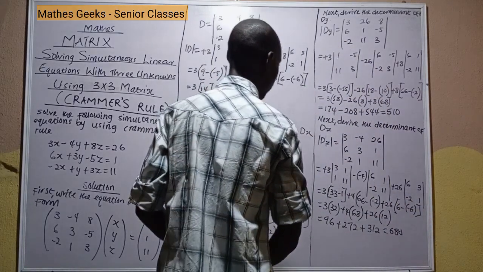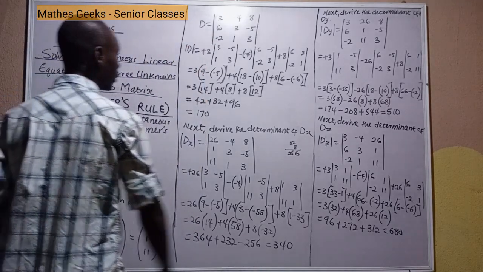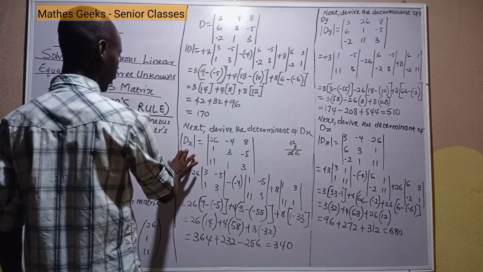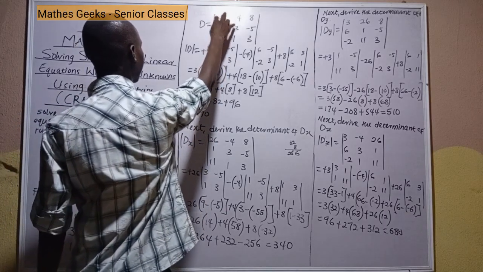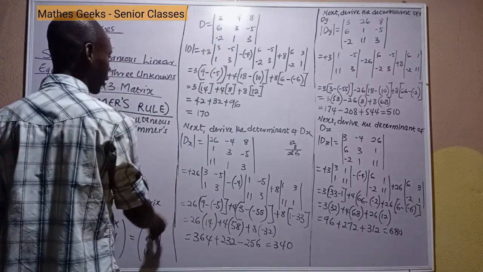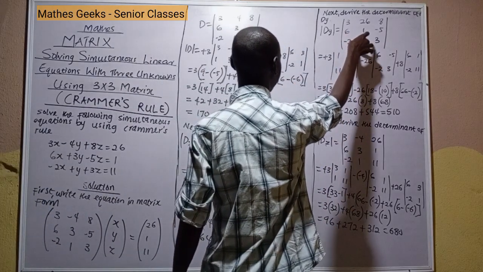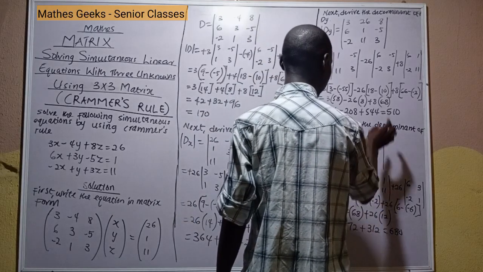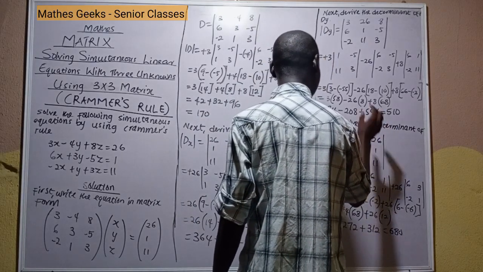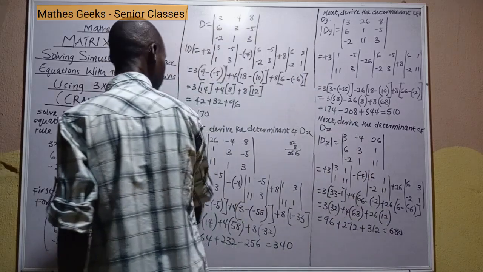So now that we've gotten the determinant of D, which is the main matrix, and that of dx, which we obtain by replacing this column by the column on the right hand side, and dy, replacing the y column by the column on the right hand side of the equation, and dz by replacing the z column by the column on the right hand side.